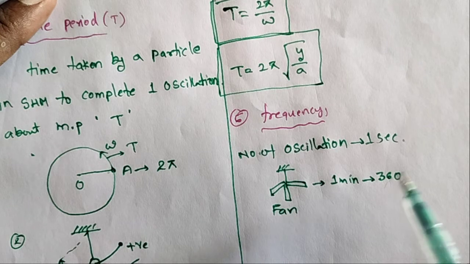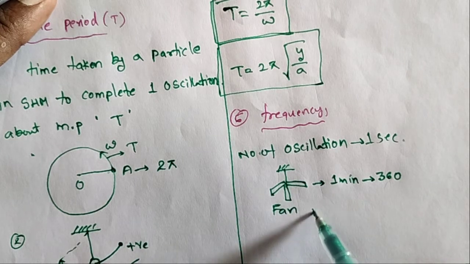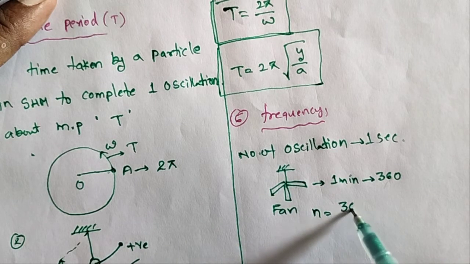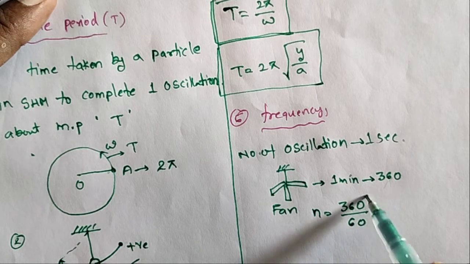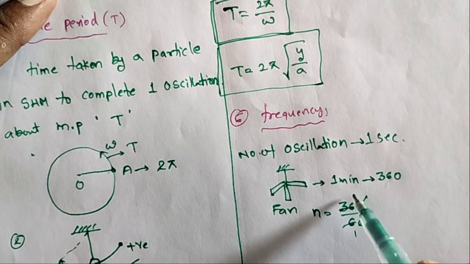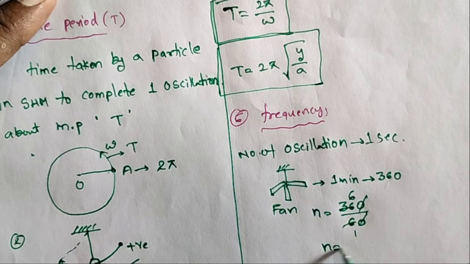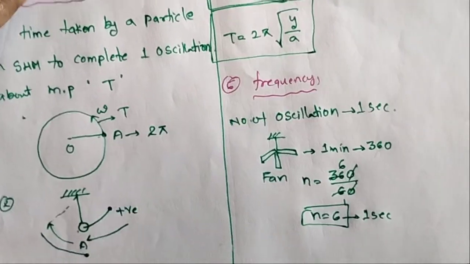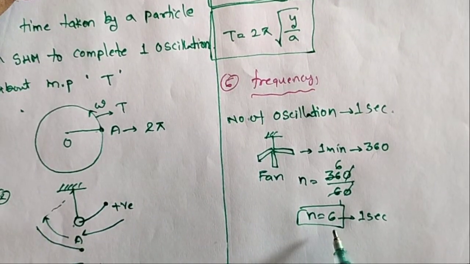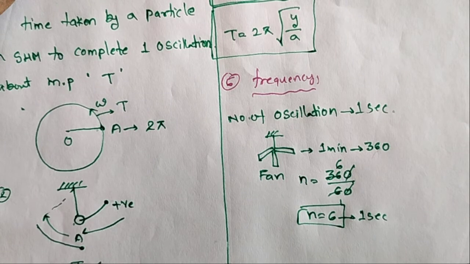So what is the frequency? N is equal to 360 by 1 minute. 1 minute means 60 seconds. 0 and 0 cancel. 6 ones are 6. N is equal to 6. So in 1 second, how many oscillations will the fan make? 6 oscillations. This is called the frequency of a fan.